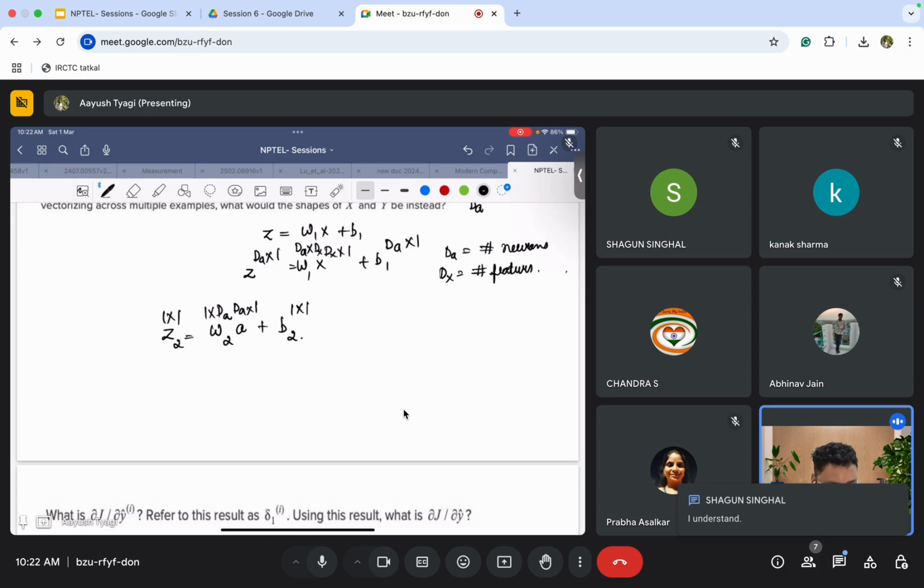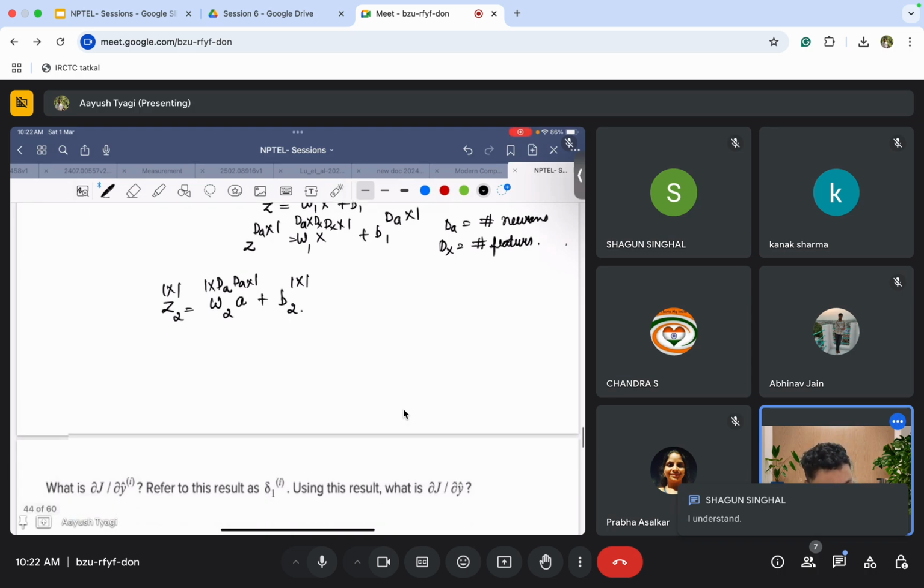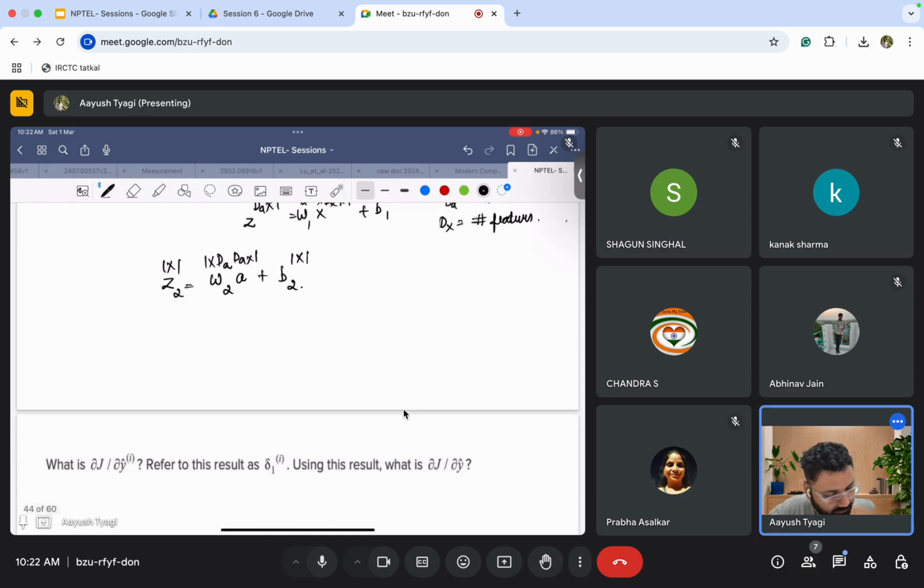Right. So given dx features, what we have done is we have mapped these dx features to dA features, and then mapped it back to one scalar, which is y hat.